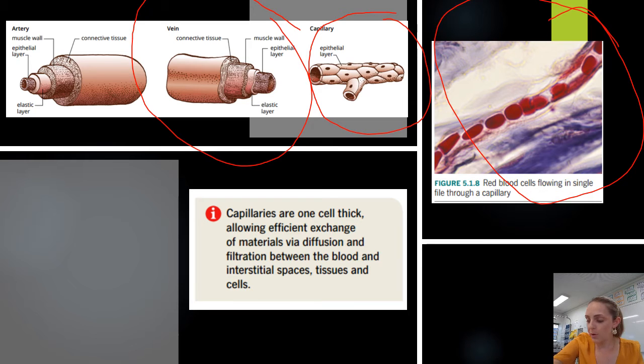Like if you sort of poke your veins, they have a bit of a bounce back to them. And your arteries, again, muscle, epithelial, elastic, connective tissue. So much more complex than our simple capillaries. You wouldn't be able to have simple diffusion occur across arteries and veins. They're too thick, and that's not one of the features of an effective gas exchange surface. We're looking for thin and flat and easy to diffuse across, short diffusion distance.